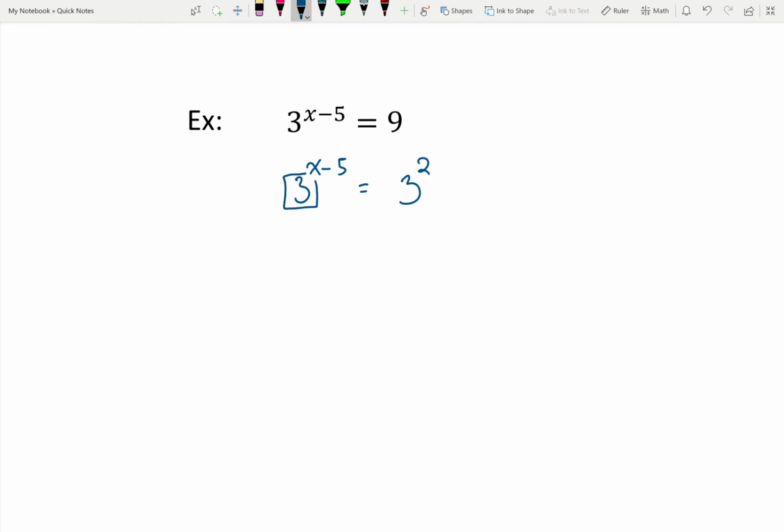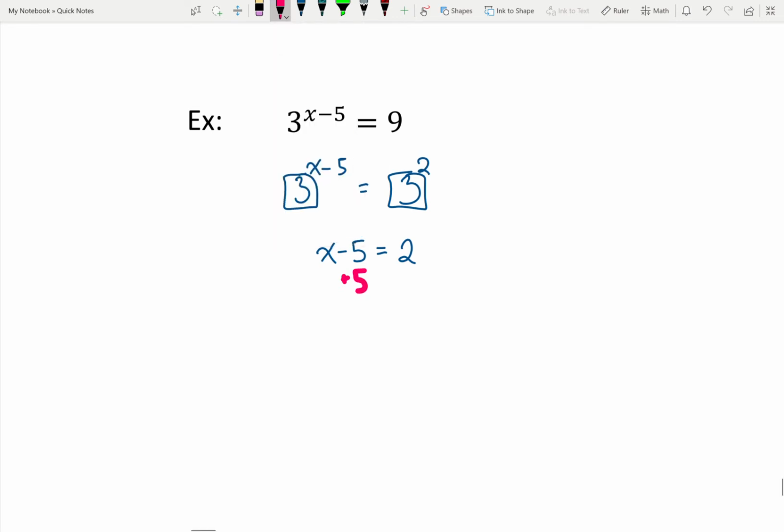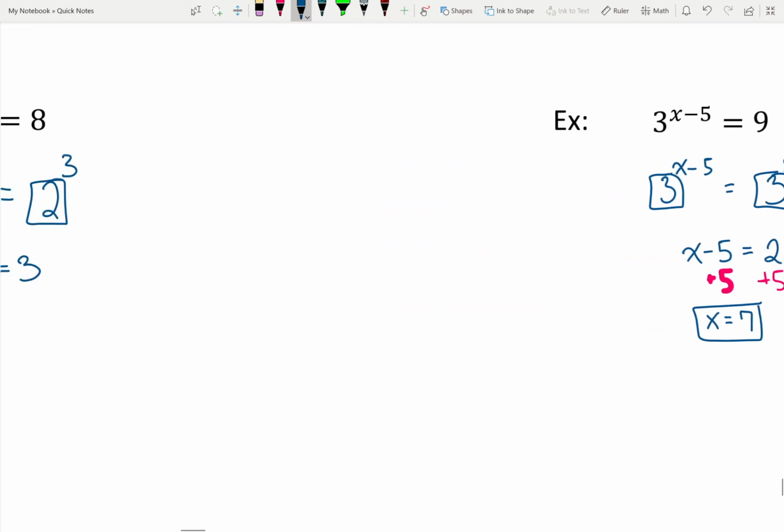Once I have the same base, I can use the one-to-one property and say that means their exponents must be the same. So what is x then? If I add 5 to both sides, I get x equals 7. See, it's not bad. Let's do 2 more just like this.